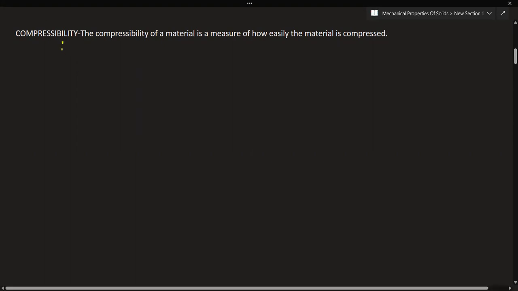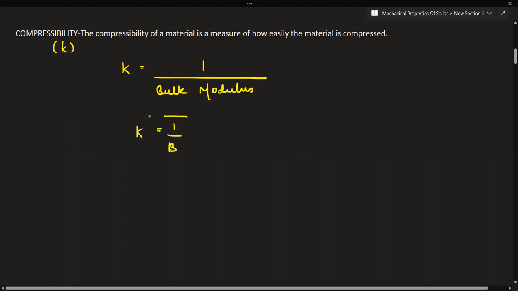Let us denote compressibility by K and bulk modulus by B. So K is actually 1 by B. Whatever was the formula for B, it just gets reciprocal for compressibility.